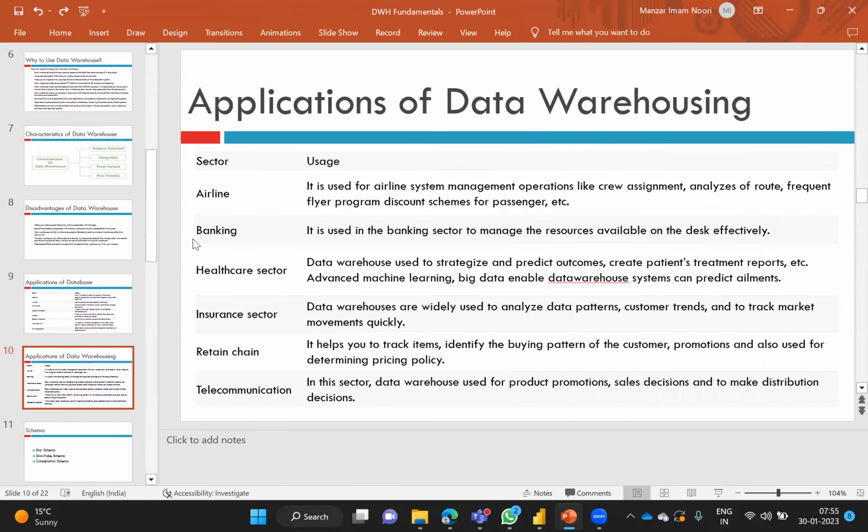In the banking sector it is used to manage the resources available on the desk effectively, so whatever resources are there, you are going to use them effectively.